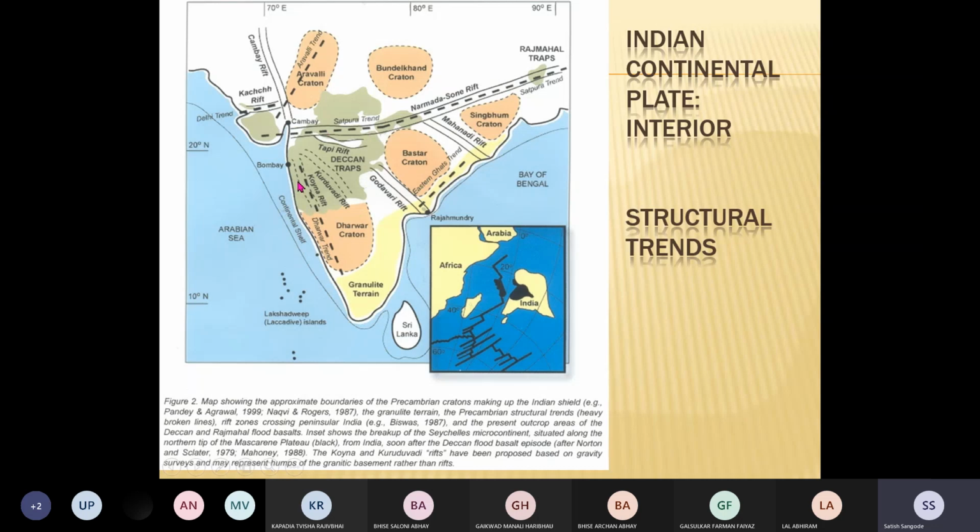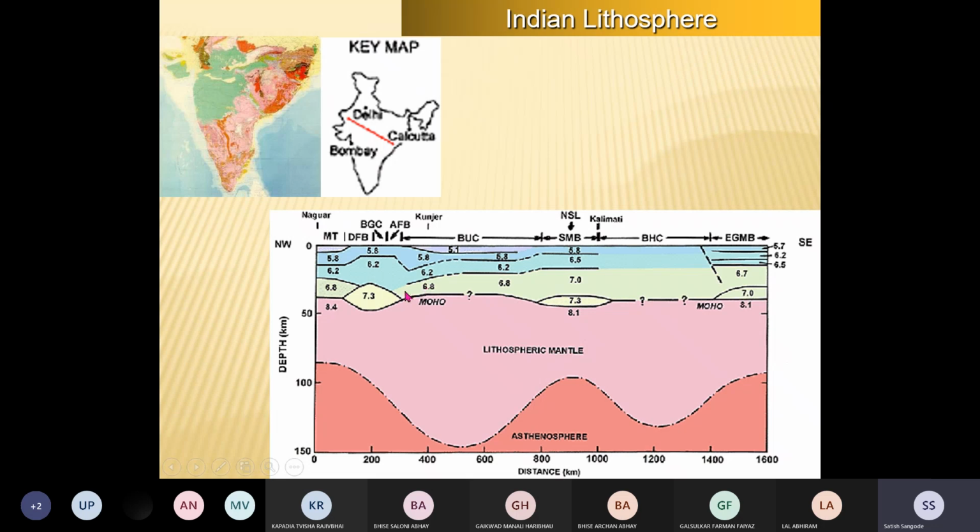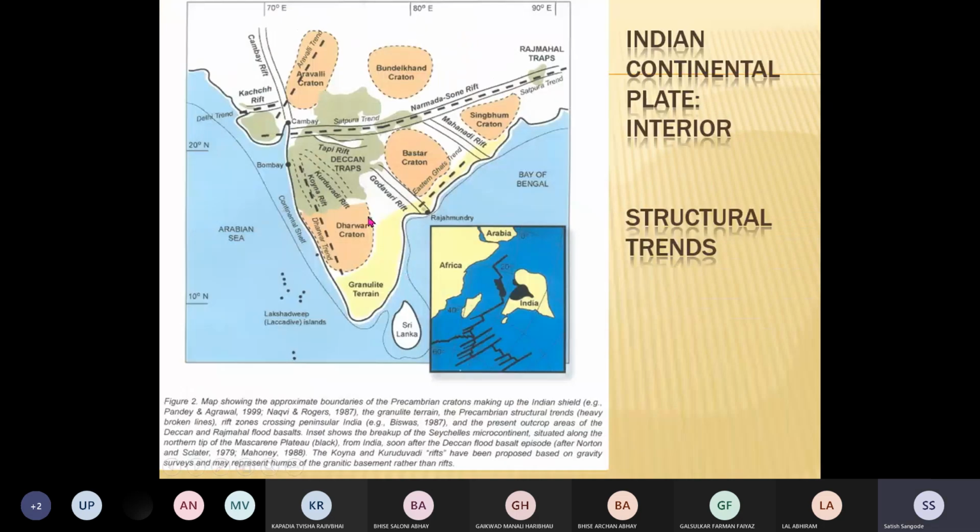Deccan Trap being a high density rock, several geophysical surveys are not successful in understanding the nature of the Dharwar Craton below the Deccan Traps. And again, there are structural trends developed that also indicate the presence of the given Craton.